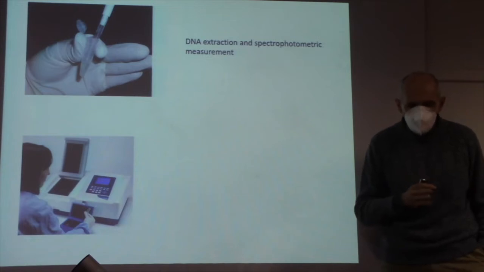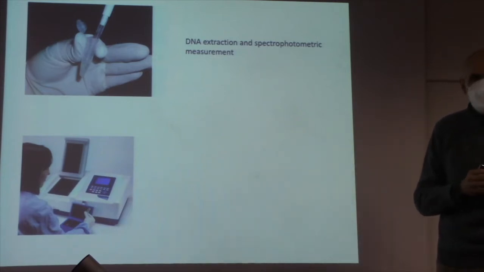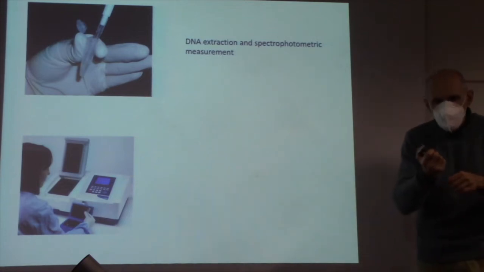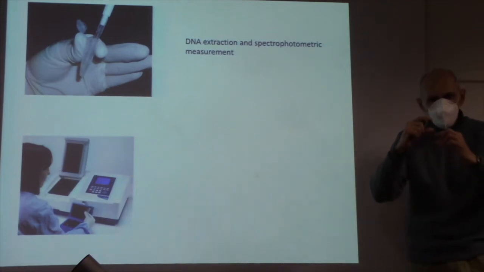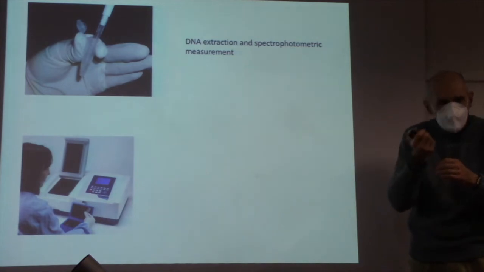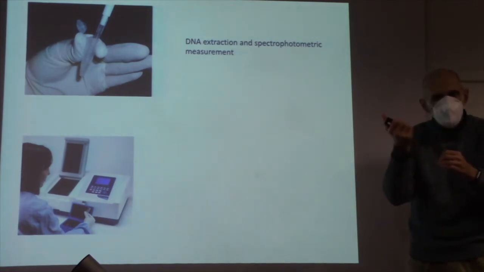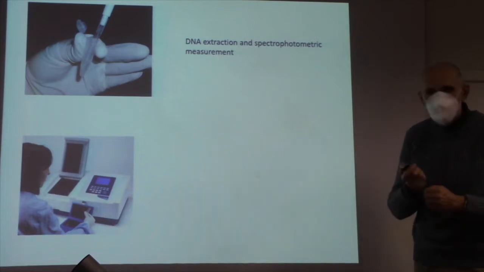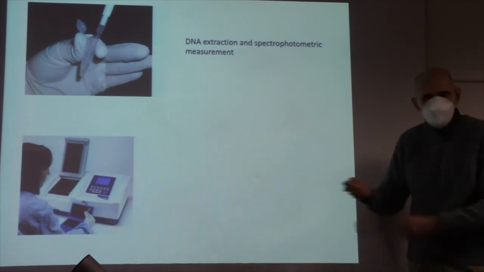That's in fact, in principle, a good way to go, except that you have to manually separate. You have two phases in a small tube, and you have to manually separate one phase from the other. Now, this is very error prone. The way you handle each tube is different from the next.